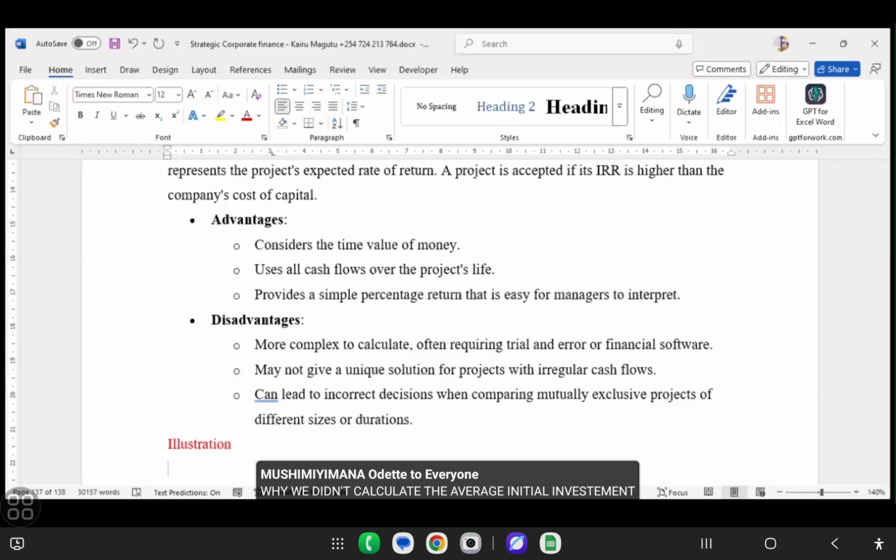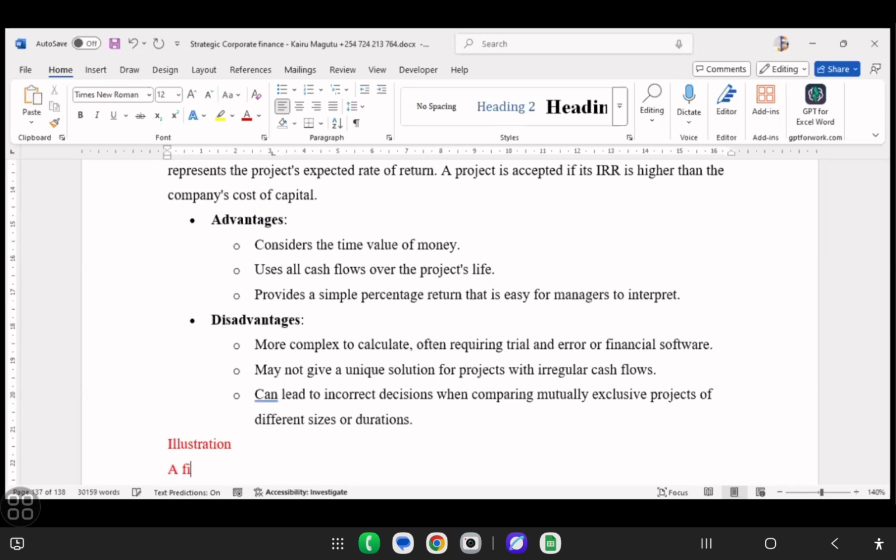We say that a 5 years project is expected to generate cash flows. I want you to remove your calculators as I write this. Is expected to generate cash flows as follows.